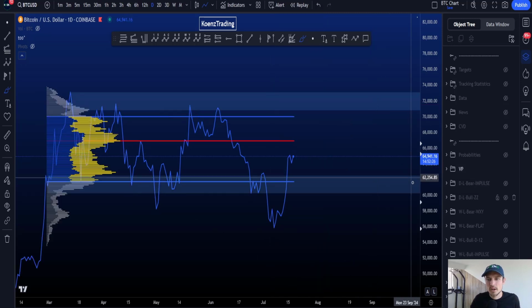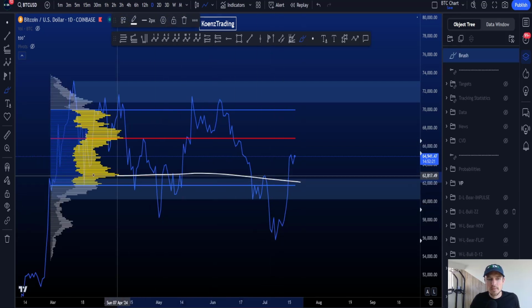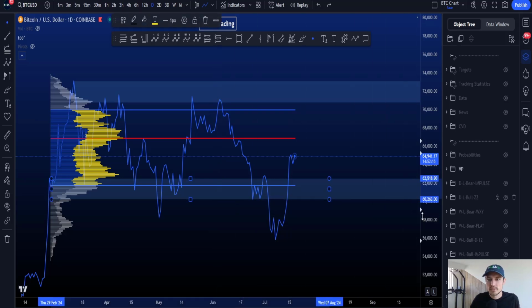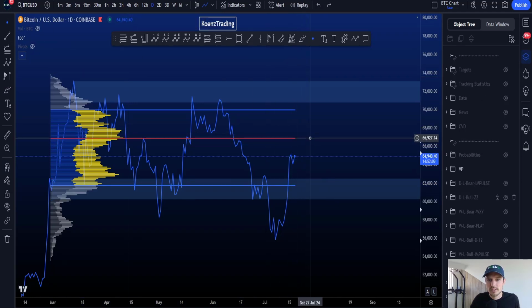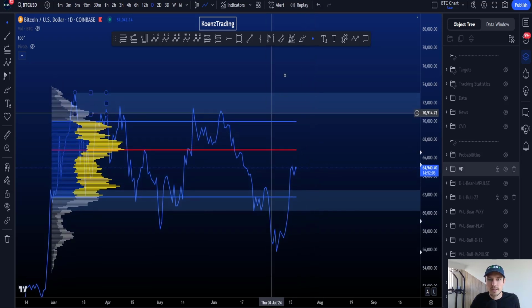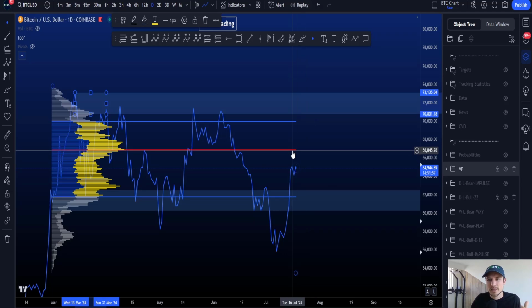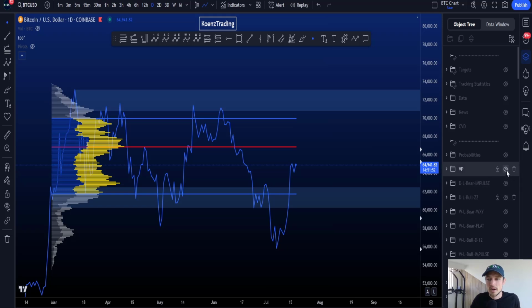Something that I do keep an eye on already for a while now is this volume profile, as you will know, and we have the value area low on the chart in nice confluence with this support resistance area between 60.2k and 62.5k, and then we have this point of control here, which is very interesting, sitting at 66.9k, and then the value area high at 69.9k with another resistance area here 70.8k to 73.1k, but especially this point of control at 66.9k is a level that I am keeping my eye on.